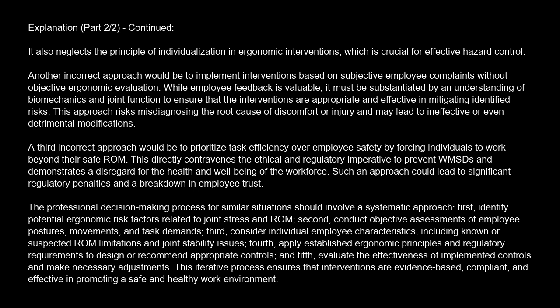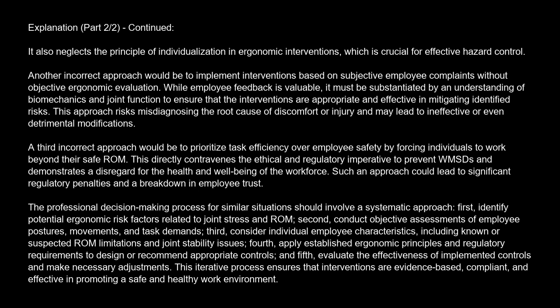The professional decision-making process for similar situations should involve a systematic approach. First, identify potential ergonomic risk factors related to joint stress and ROM. Second, conduct objective assessments of employee postures, movements, and task demands. Third, consider individual employee characteristics, including known or suspected ROM limitations and joint stability issues.